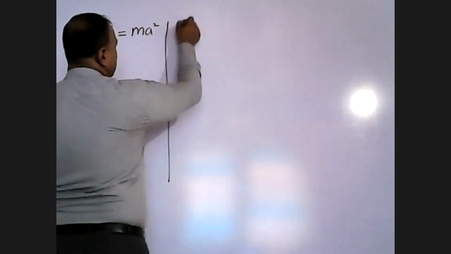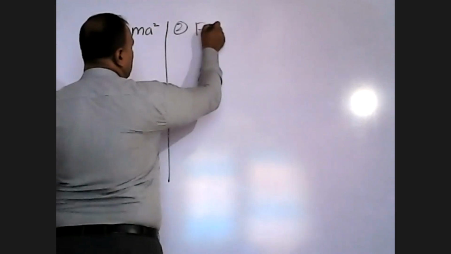Suppose we are given three kinds of equations, and we are asked to determine whether they are correct or not. First one, F equals m a squared. Second one, F equals m a.